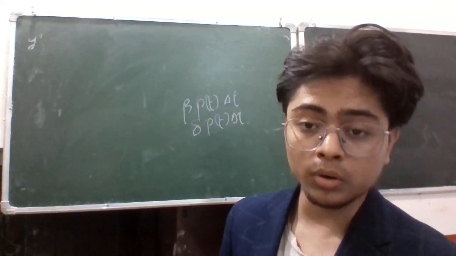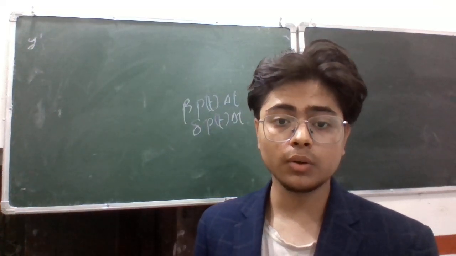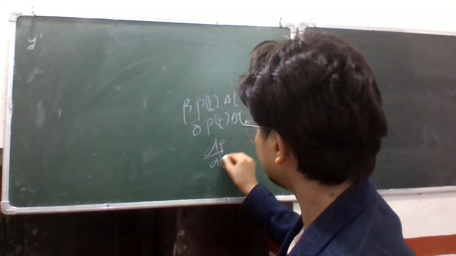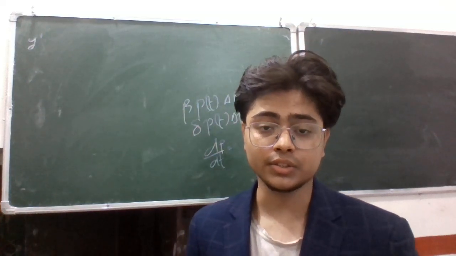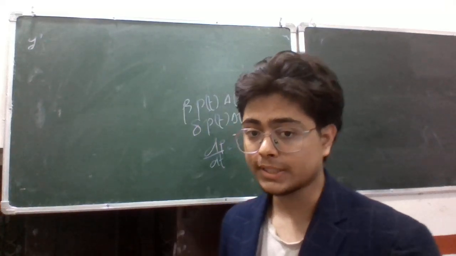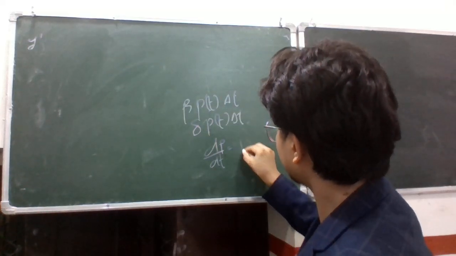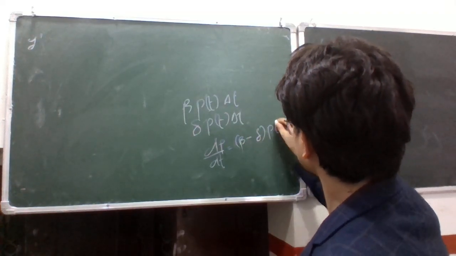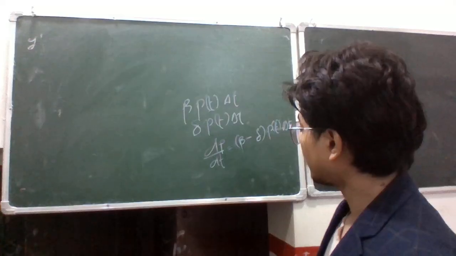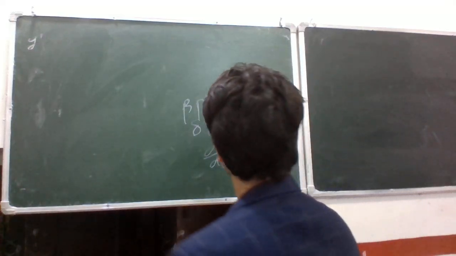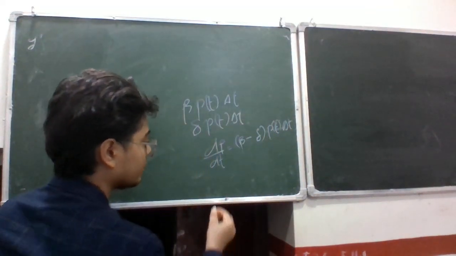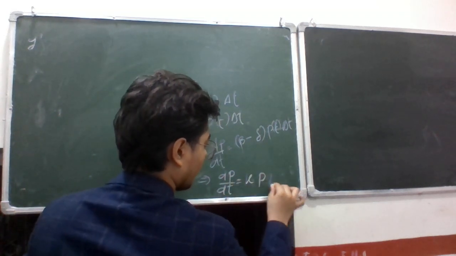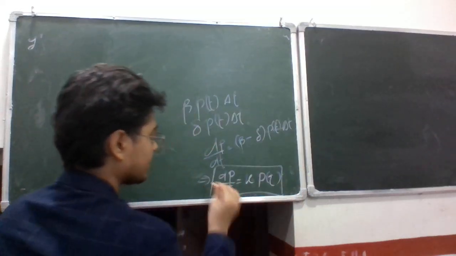Then our change in population at a particular instant of time, given by dP/dt, the instantaneous rate of change of population per unit time, is given by (beta minus delta) P(t). We can consider this whole thing to be a constant, so our differential equation looks like this.